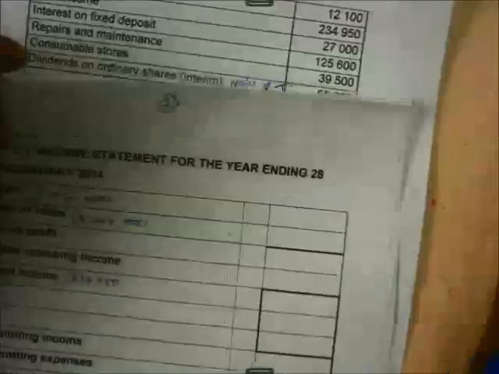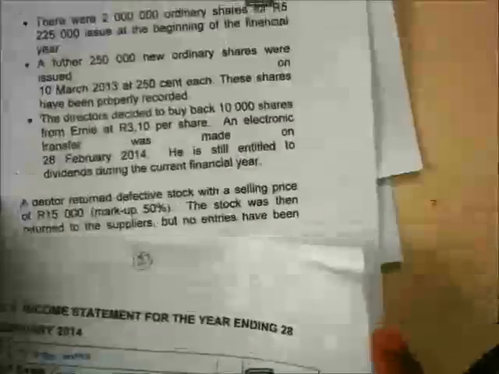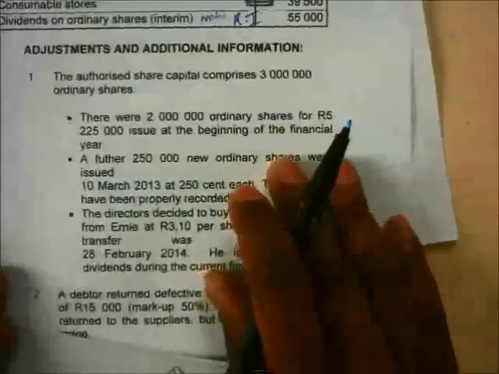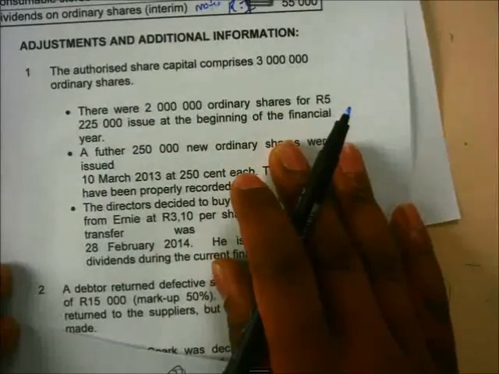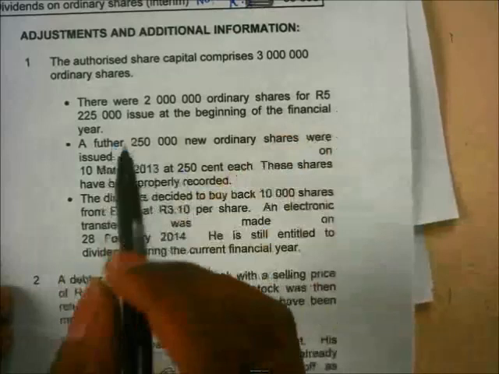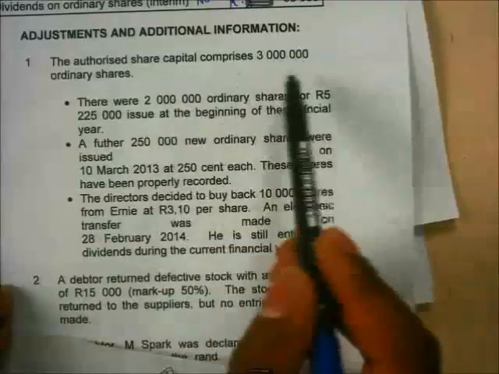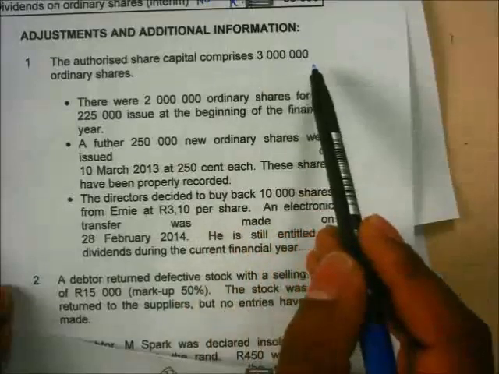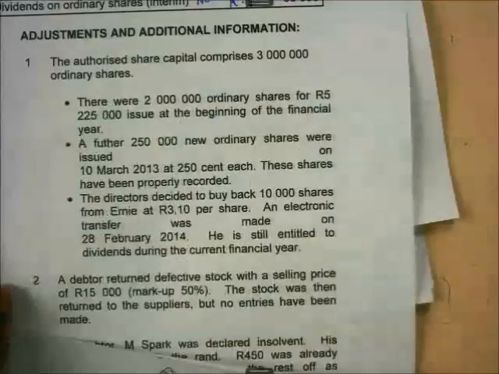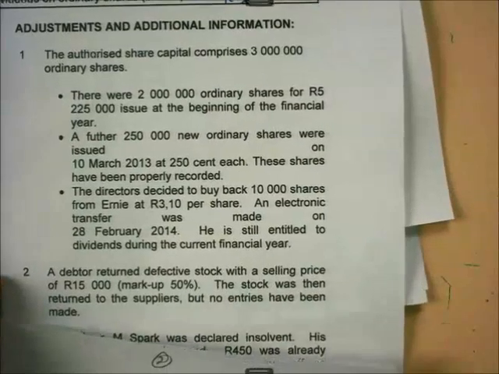Right, now remember the instruction said you must prepare the income statement. Now we are also given adjustments and additional information, right? The first adjustment talks about authorized share capital. The authorized share capital comprises 3 million shares, ordinary shares. We are also required to prepare the notes.